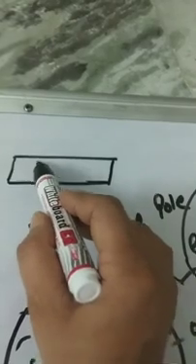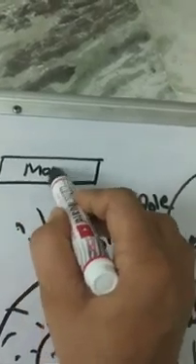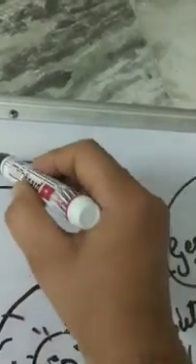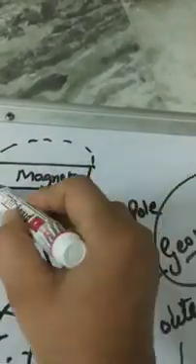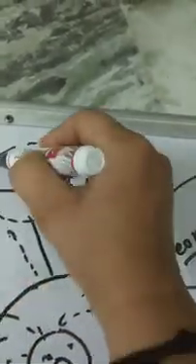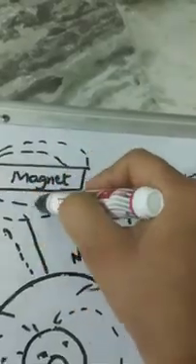This is the shape of a bar magnet, and we know how magnetic field lines develop around a bar magnet.